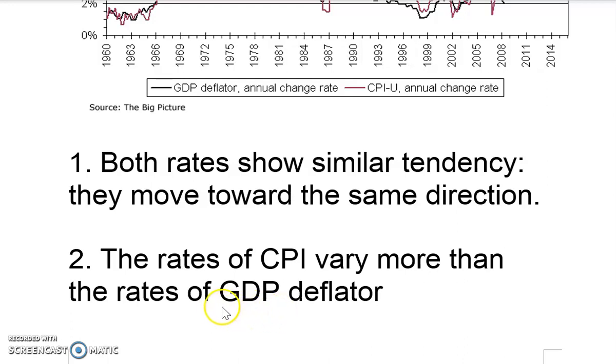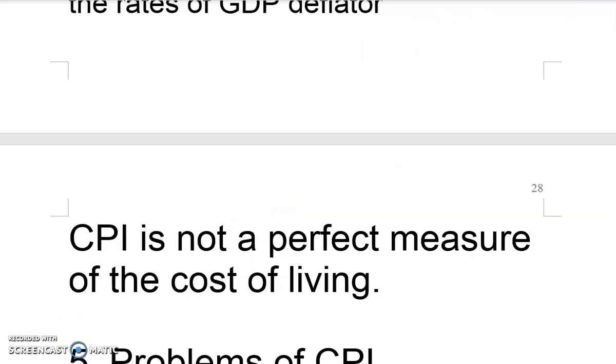Because it covers more goods and services, that broader measure is more stable, even though it also includes food and energy. However, both are good indicators of inflation because they move up and down in almost the same direction most of the time.